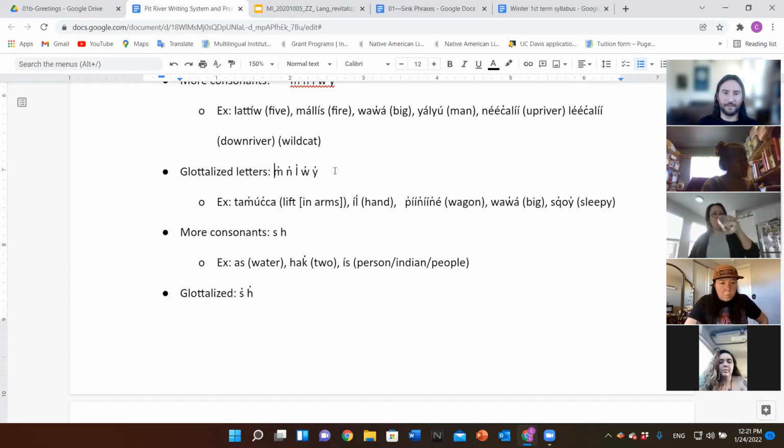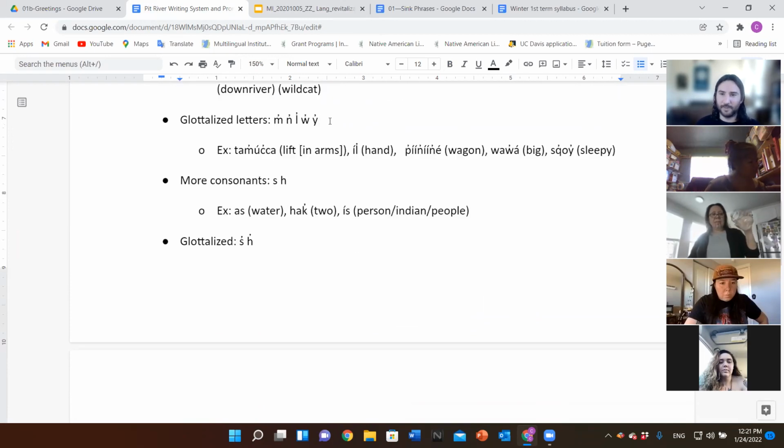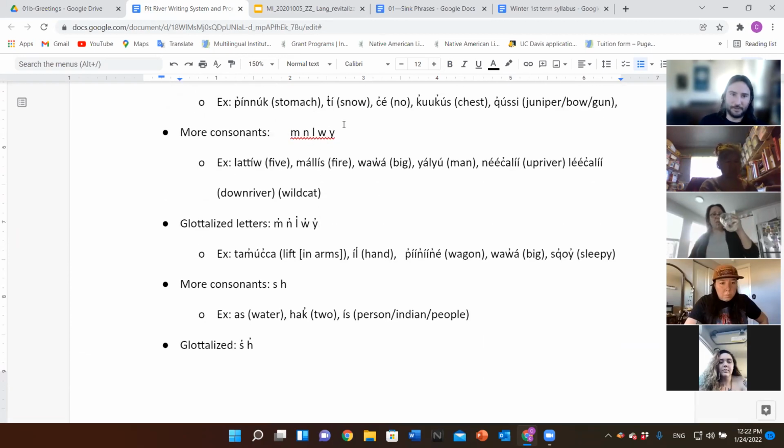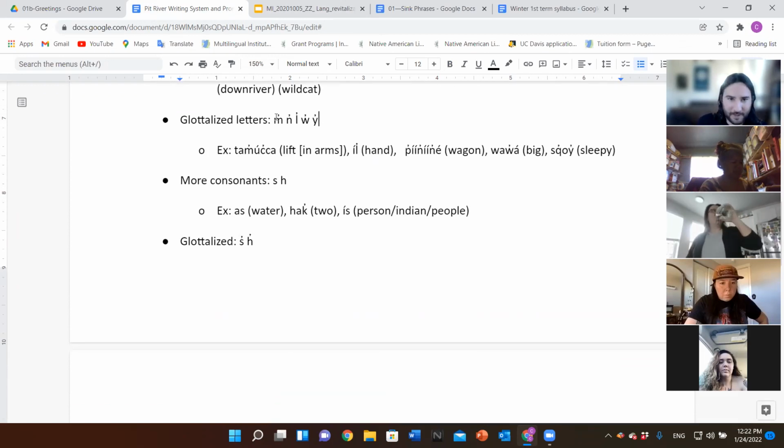So for glottalized M, N, L, W, Y, it's similar, but I think these are probably a little bit easier to pronounce than glottal P, T, C, K, Q.